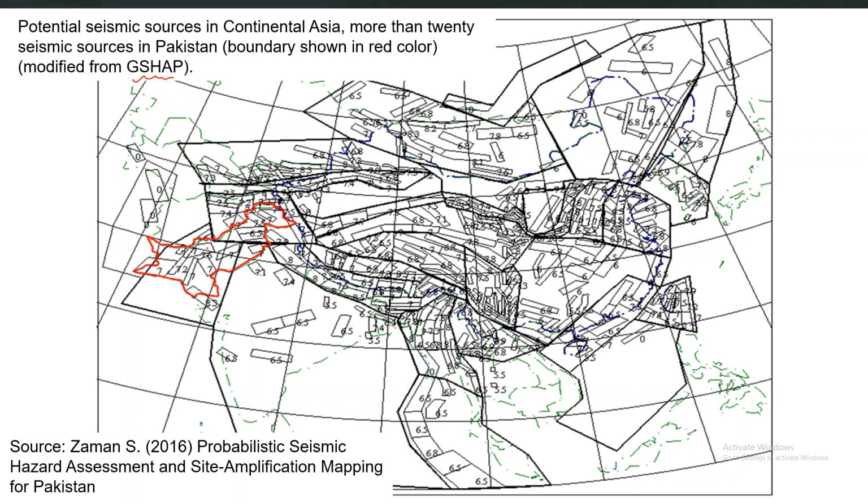So several area sources, which are indicated by these numbers, I think these are the maximum magnitudes of earthquakes which have occurred in historical data. So these area sources are also covering Pakistan.